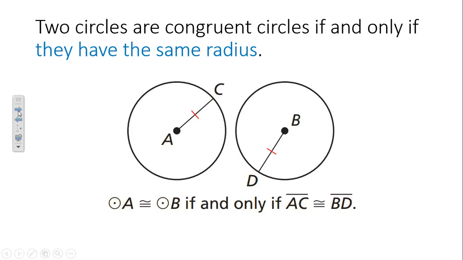When we have 2 circles with equal radii, those circles are congruent. So everybody good with this one? Congruent circles have equal radii. Okay?